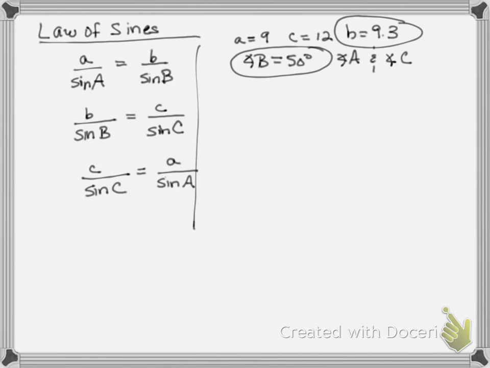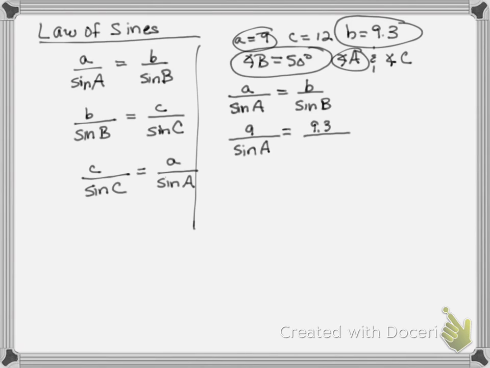So I'm going to use the ratio of a over the sine of big A is equal to little b over the sine of big B. So little a was 9, the sine of A is what we're trying to find, is equal to b, which is 9.3, over the sine of 50 degrees. Remember we cross multiply here.